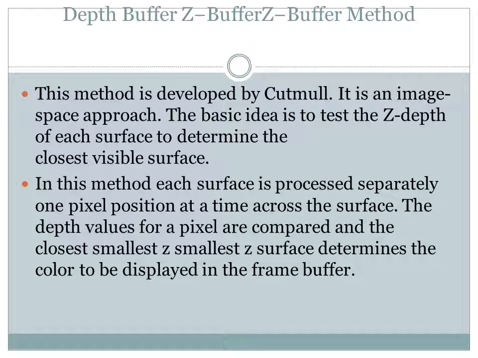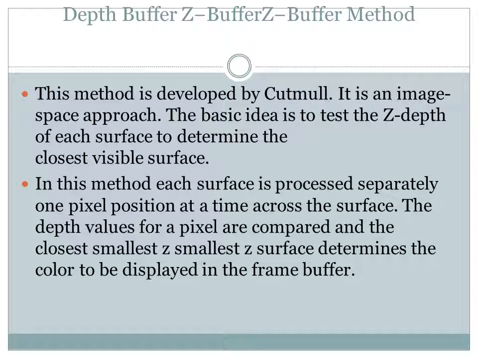Every time we analyze one pixel position, and according to that we calculate the depth value. It is a simple and efficient method used to remove hidden surfaces. This method is also known as the depth buffer method.